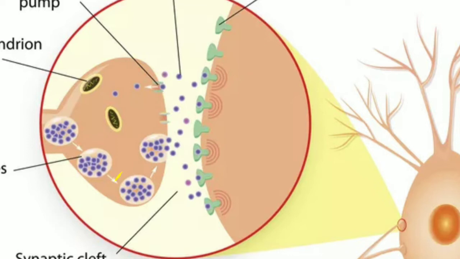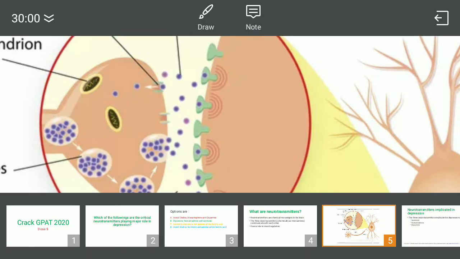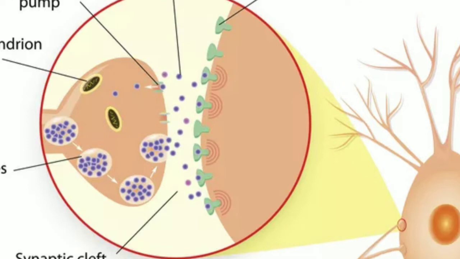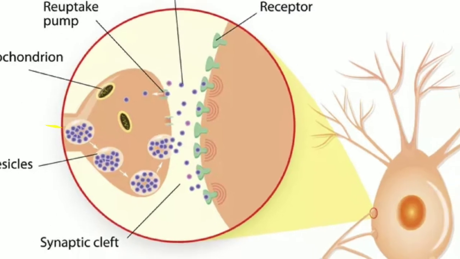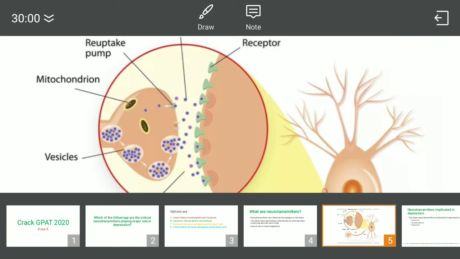The first one is called the presynaptic cell, and the next one is called the postsynaptic cell, and the middle portion is called the synapse.